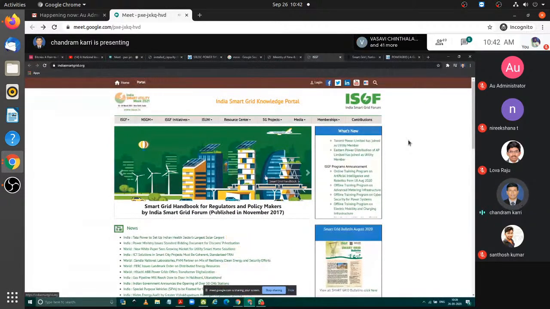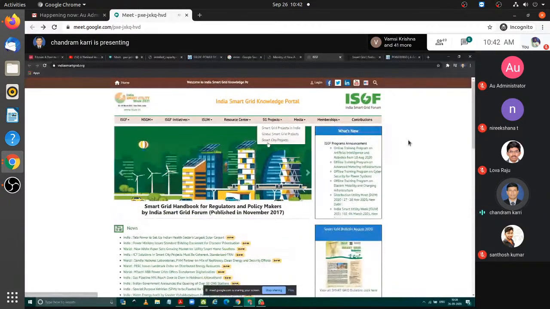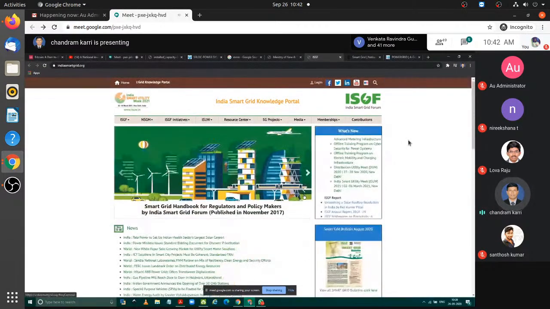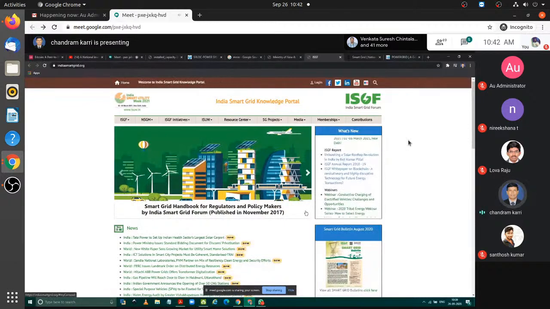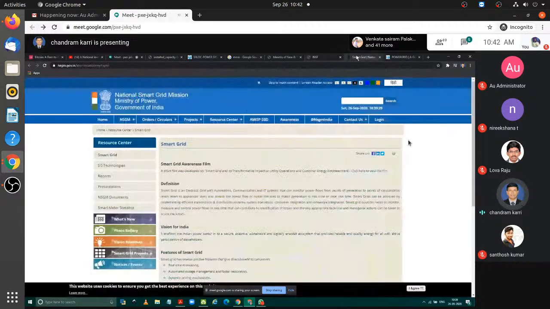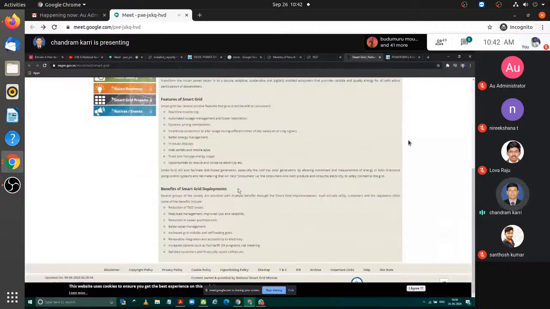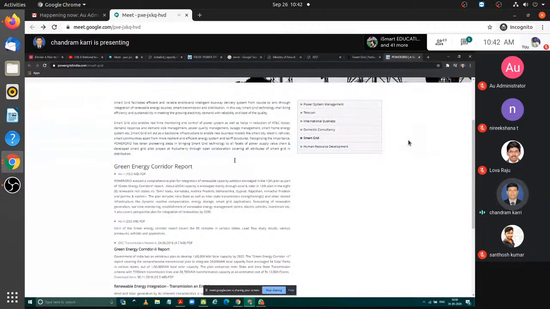You just dig the information to the extent level, and you will find most of the information is related to what the market structures are, how power markets or electricity markets are transforming towards adopting new technologies in India. So this is another one, Smart Grid Mission, Ministry of Power, Government of India. There you can find the latest development in smart grid, how it is changing. And also this is another website, Power Grid. You can go through it. What are the latest developments in India?